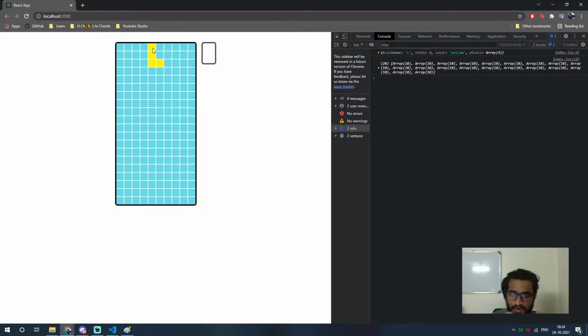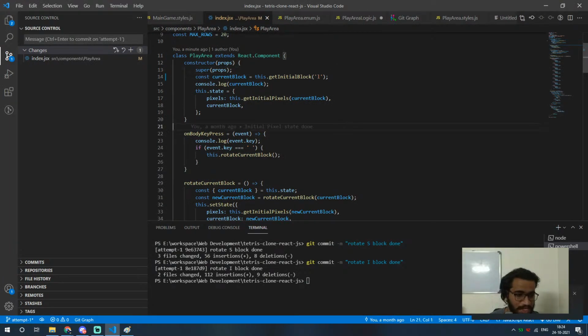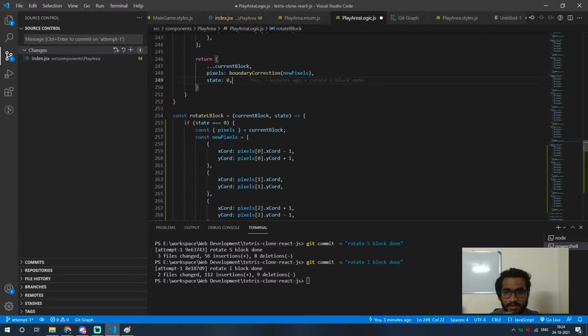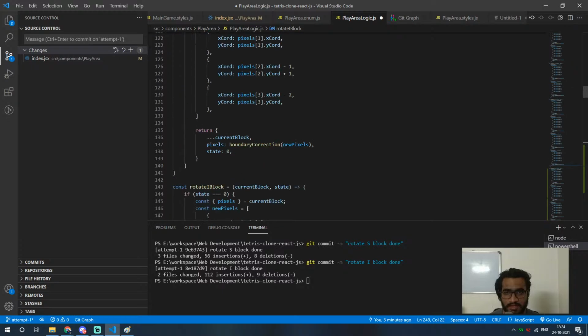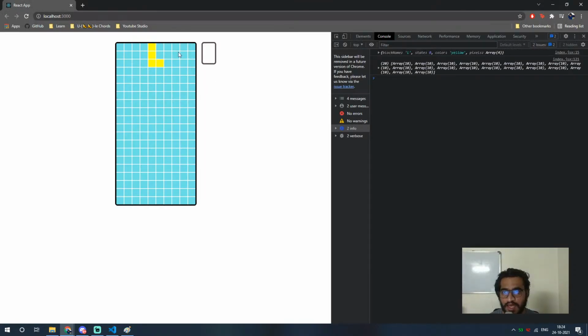For all these blocks we should keep the rotation logic minimal, not as complex as the I block. I think the I block rotation was a little complicated because there are no anchor points, but as you can see, in L we have this anchor point. Sorry, the second one would be the anchor point. In the J block also the second one would be the anchor point, and in the T block the middle one would be the anchor point. So let me just continue with the L block.